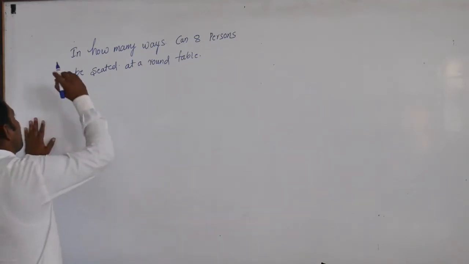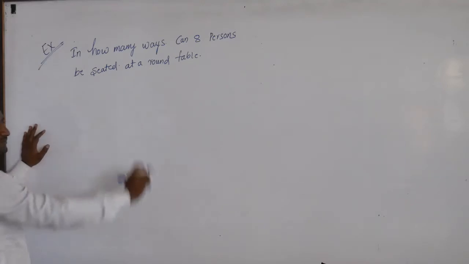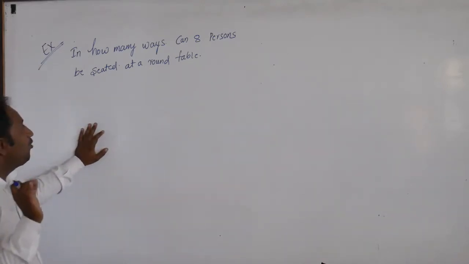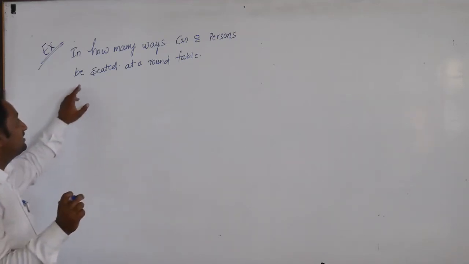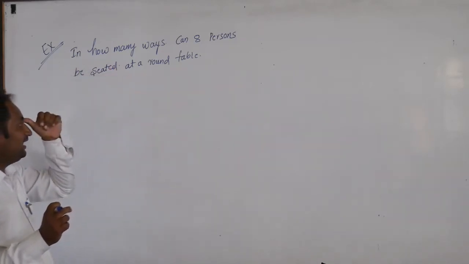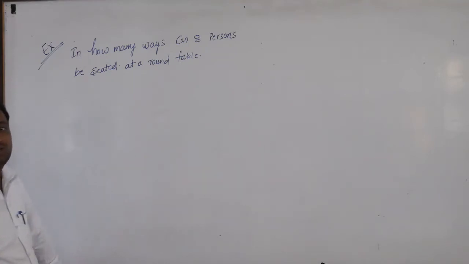On the basis of that, we consider one example. In how many ways can 8 persons be seated at a round table?